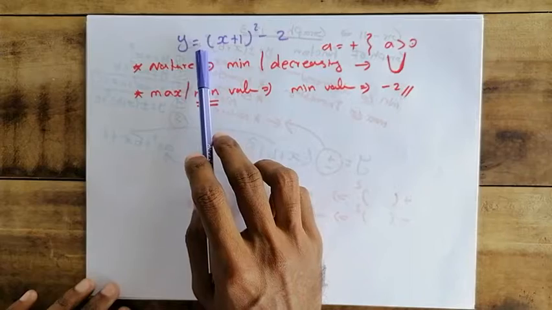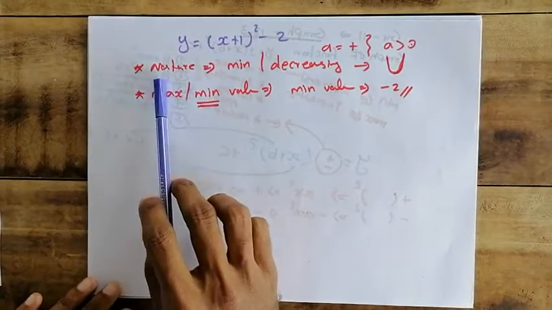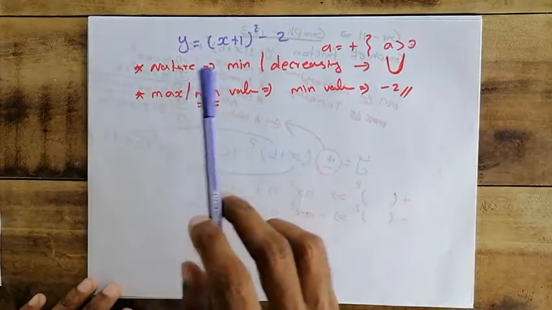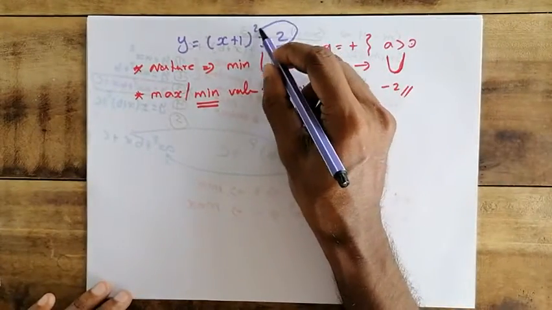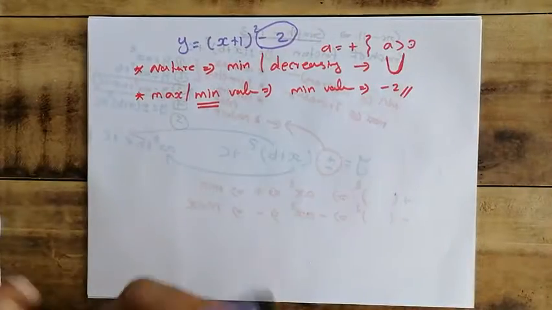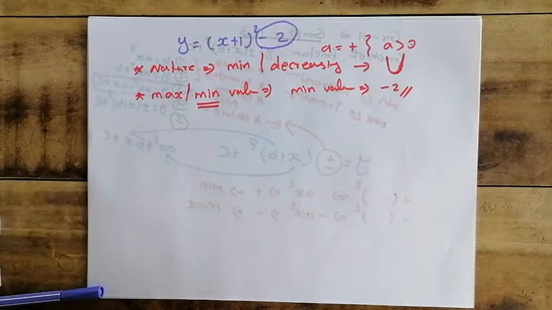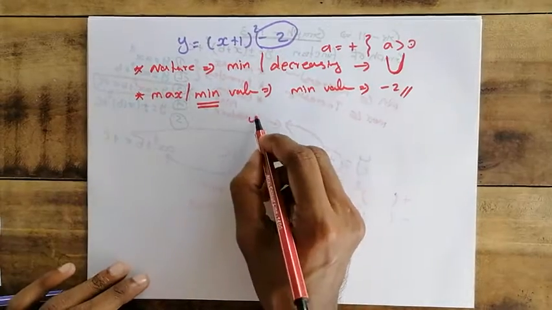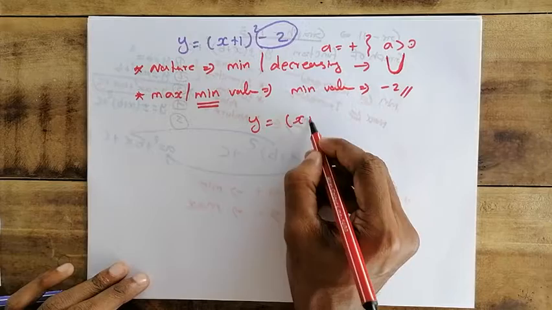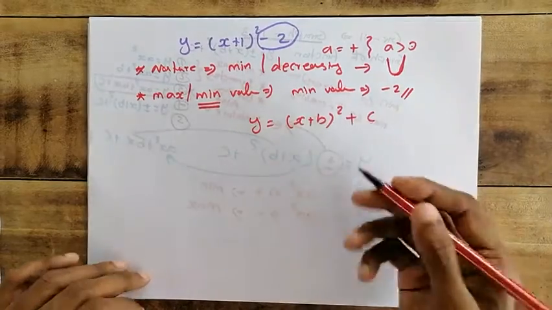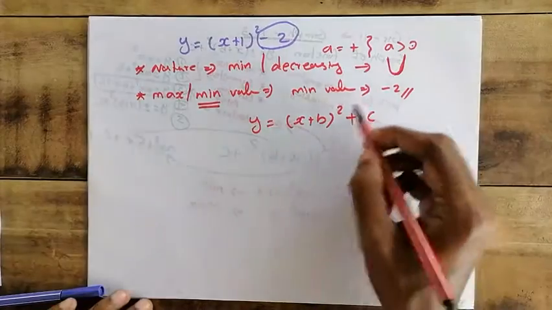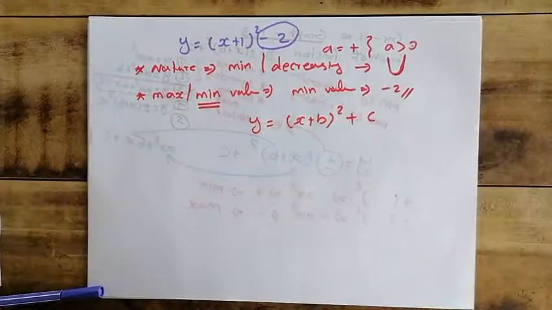With the sign of the binomial, we can tell the nature of the graph. And then we check this numerical value. So what is the equation format we are discussing? y equals (x plus b) all squared plus or minus c. Okay, with the sign we are going to take the c.